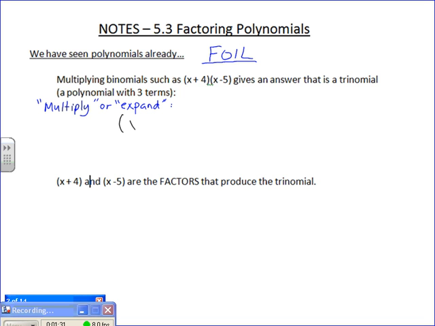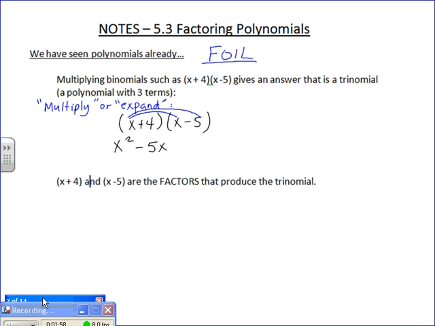Let's do it. x plus 4 times x minus 5. And I'm going to use the FOIL method. So I do the first terms, and that gives me x times x is x squared. Then I do the outside terms. So x times negative 5 is going to give me minus 5x.